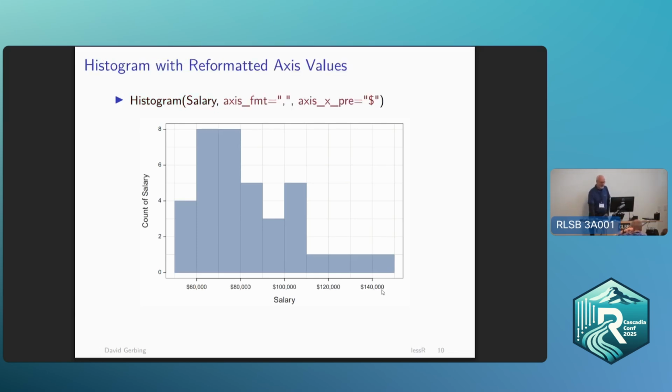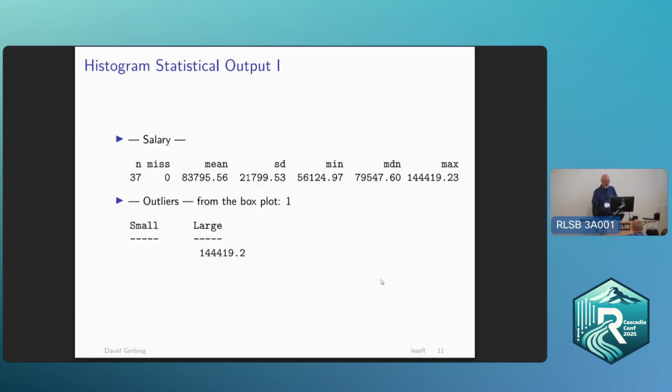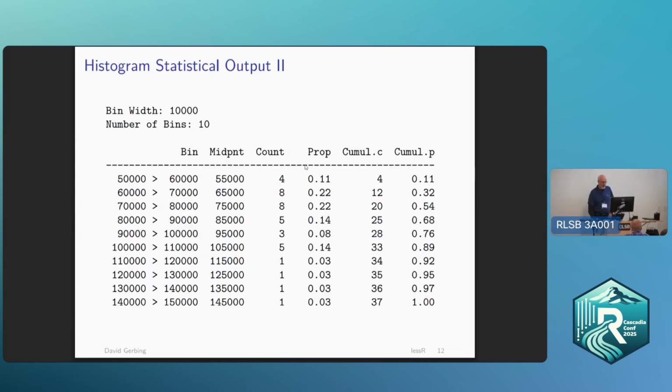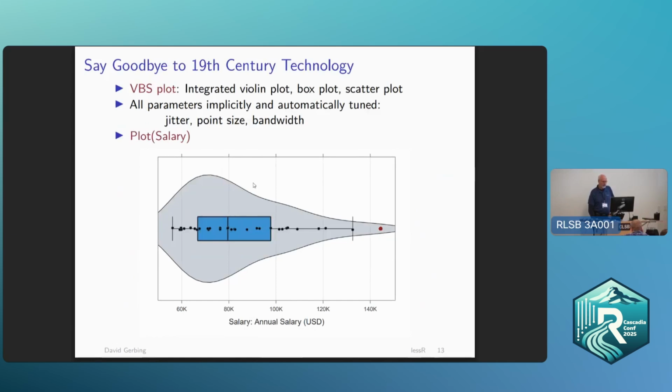So anyhow, there's that formatting. The output that comes from the histogram. Why would you not want to see your summary statistics? Why would you ever do this analysis and not want to see your summary statistics? Or why do you want to start typing in functions to get additional summary statistics out? Outlier analysis, and then the frequency distribution.